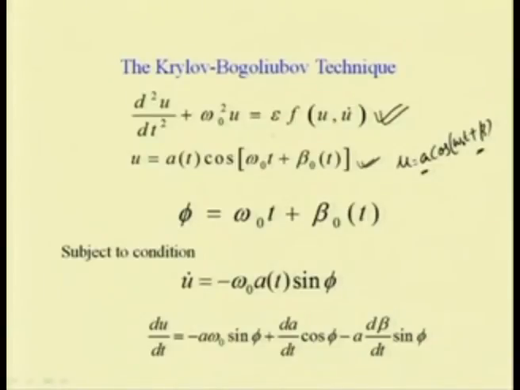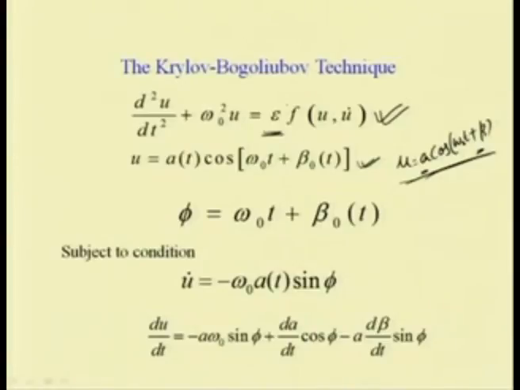But when we consider nonzero values of epsilon, that is, epsilon is assumed to be small, one can assume the solution to be the same as when epsilon equals 0, but here a and beta are functions of time. So, we are assuming a and beta are slowly varying functions of time.